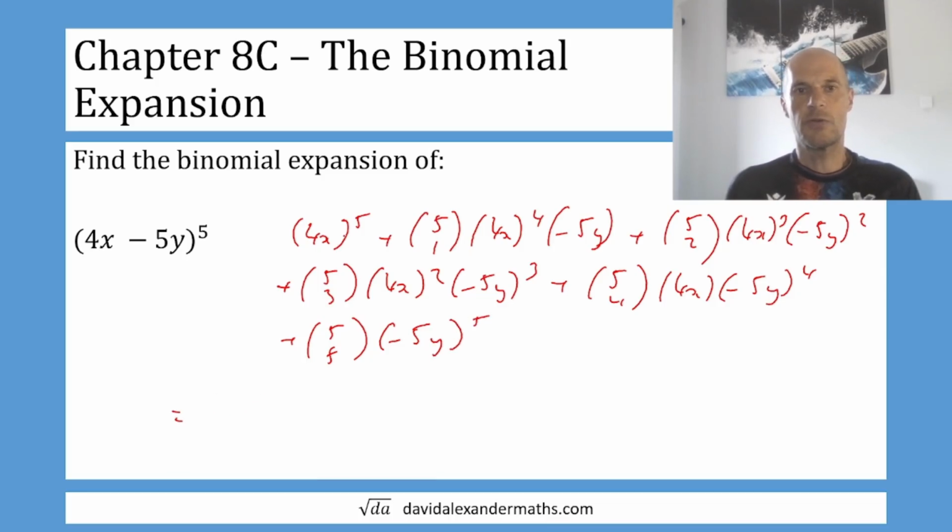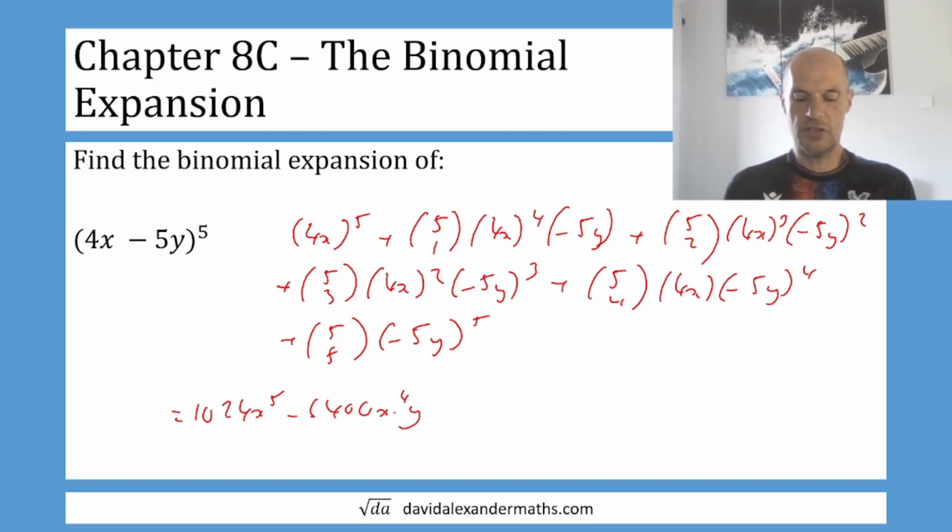Okay, so 4x to the power of 5, I'm just really interested in what is 4 to the power of 5. That is 1024, so that's 1024x to the power of 5. 5 choose 1 times 4 to the power of 4 times negative 5 is minus 6400x to the 4y.